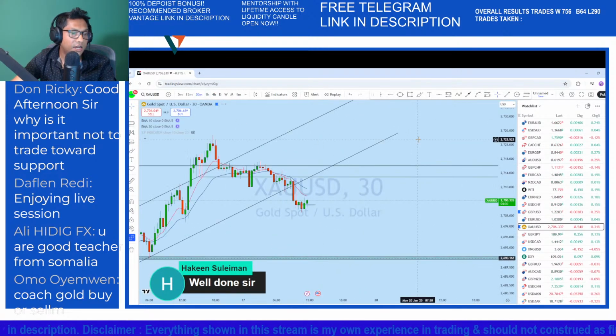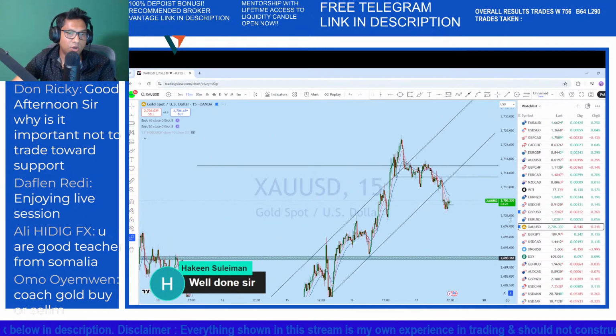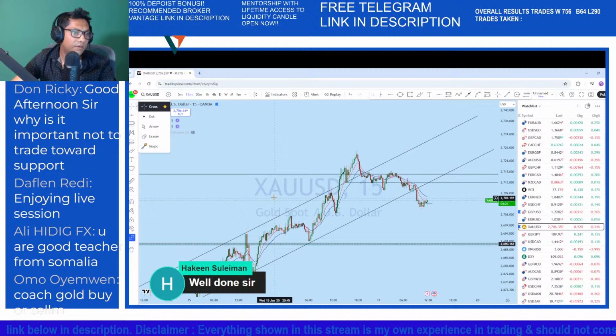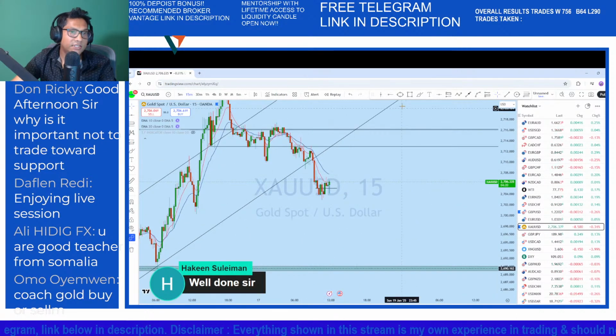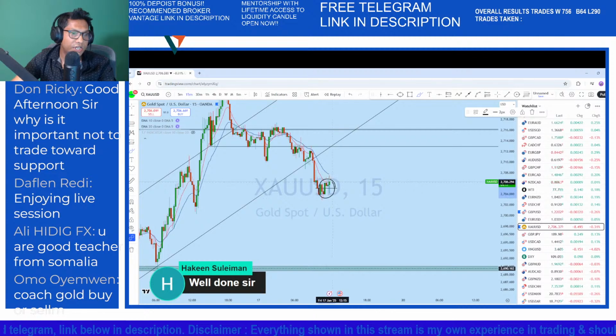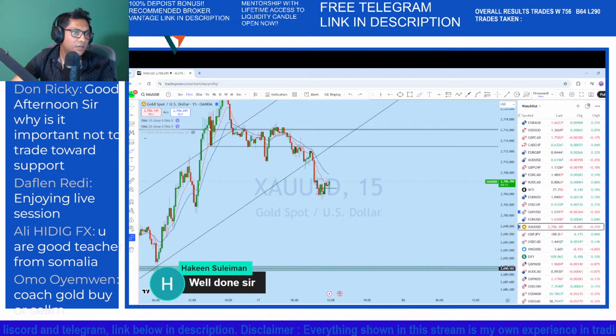Looking at the lower time frame, if you look at the 15 minutes, you can see the market in this lower time frame is also forming a higher low. There is a consolidation here, and with that consolidation we can expect also a trend to the upside in this market.